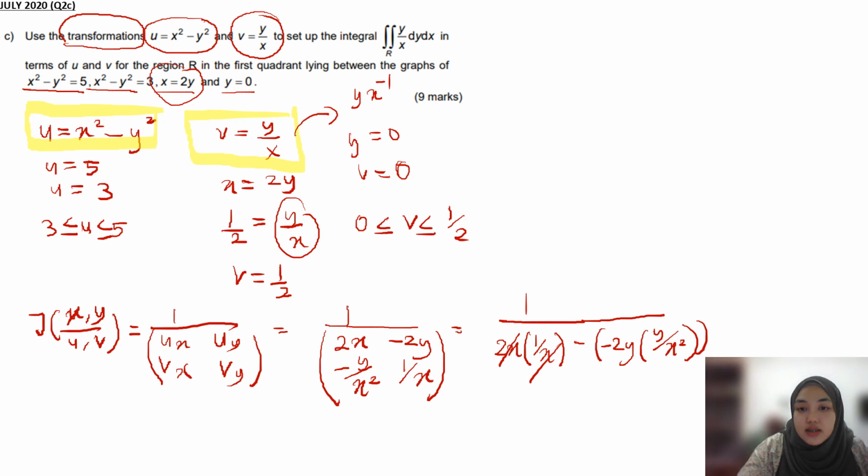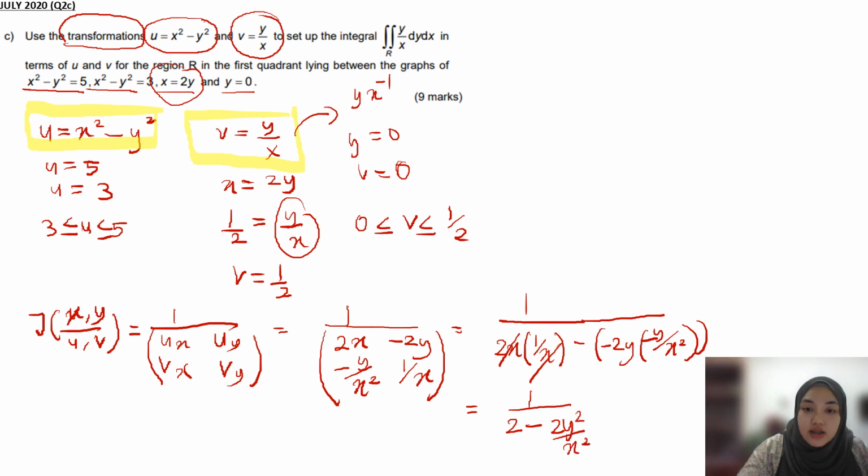You will get 1 over 2 minus, this one is negative, so you get minus, negative, negative, positive, and then you put this one negative. So you will get 2y squared over x squared.